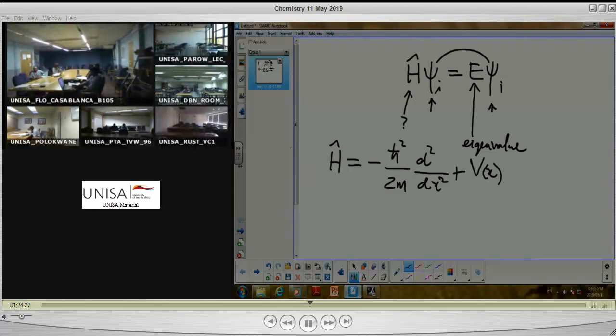The Earth is under the influence of the sun, so it's not a free particle. So for a free particle, this term here is zero. So we remove it.